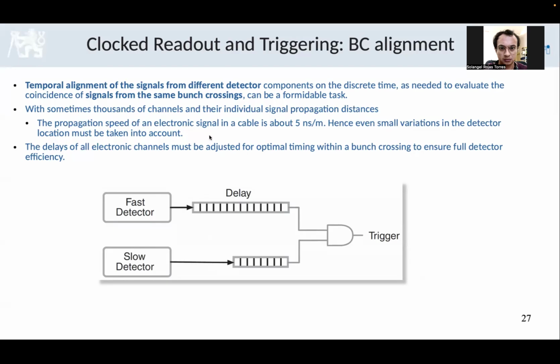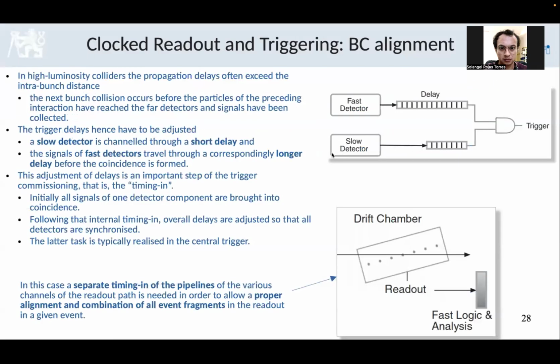It is also very important to take into account even the cable lengths from all the detectors, because the propagation of the signal in the cable is comparable to the time scale where things occur. In the cable, for example, the speed of the signal is more or less 5 nanoseconds per meter. And then you need to align everything, so you cut the cables to have exactly the timing.